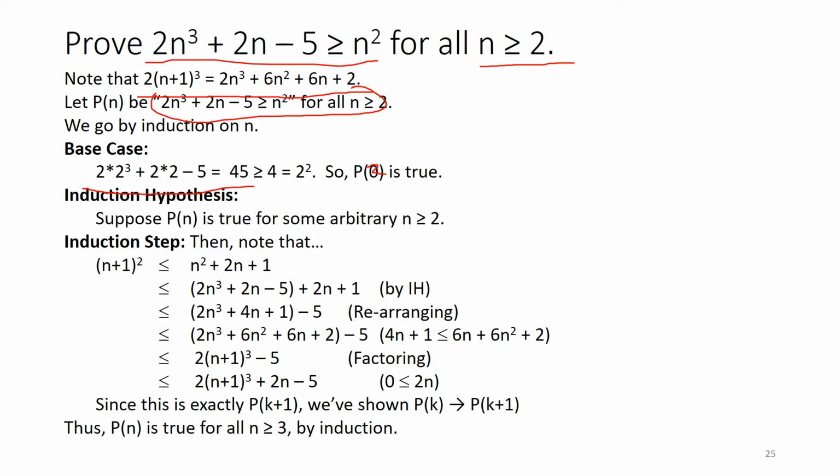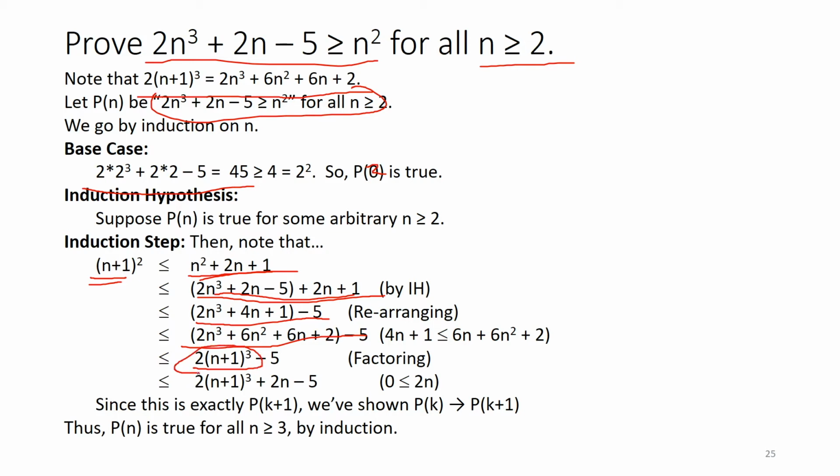We can write this down again here. This is smaller than this part, and we can apply this by the inductive hypothesis. Rearranging, it will be like this, and then we will get this part, and by factorization, this will be like this.